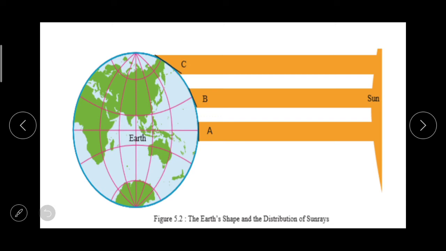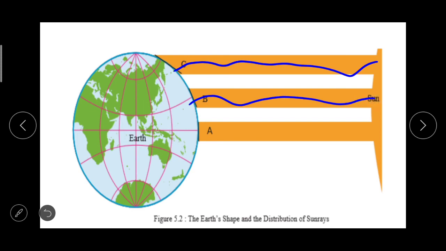So these are not perpendicular to all the parts of the Earth's surface. For example, if we talk about this, not exactly perpendicular, though they are in straight line, and it is because of the shape of the Earth. So in some parts they are perpendicular, whereas in other parts they are slanting.